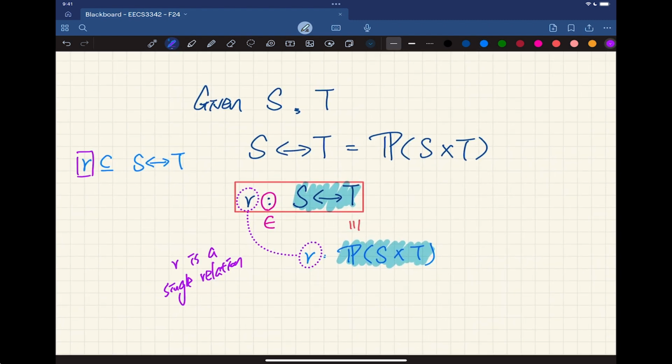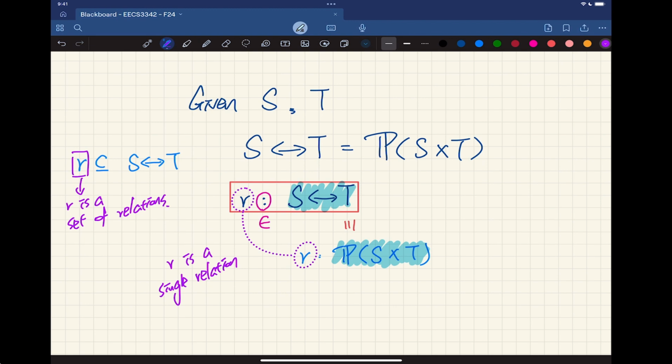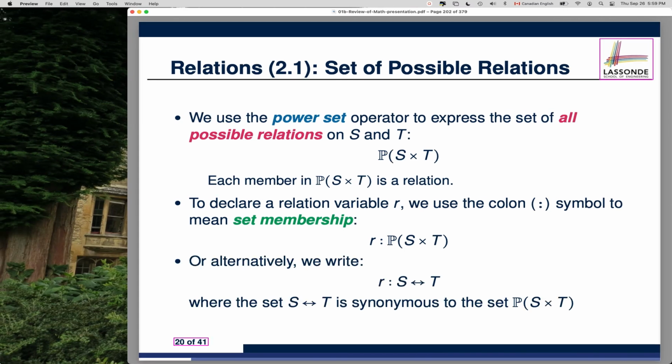In this case, R is a set of relations. Okay, different. Good. All right, and then, you can use either way, but I would say typically you might just go for this one. It's a shortcut, right? You can think about this double-headed arrow as syntactic sugar for this power set cross product, but you should know both.